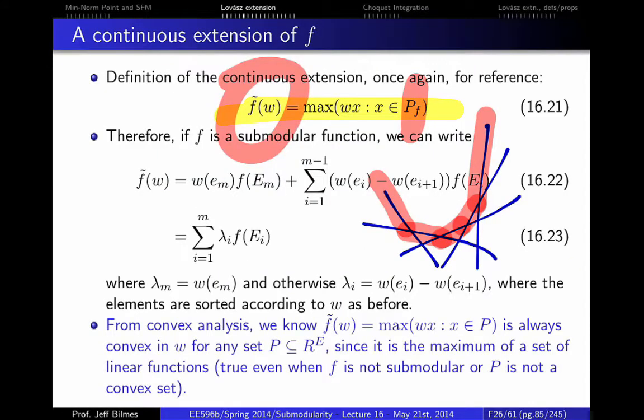What we're going to see, however, is that this function here, seen as a set of weighted sums of evaluations, where E is defined according to the sorted order, may or may not be convex. And that's essentially what Lovász originally demonstrated.